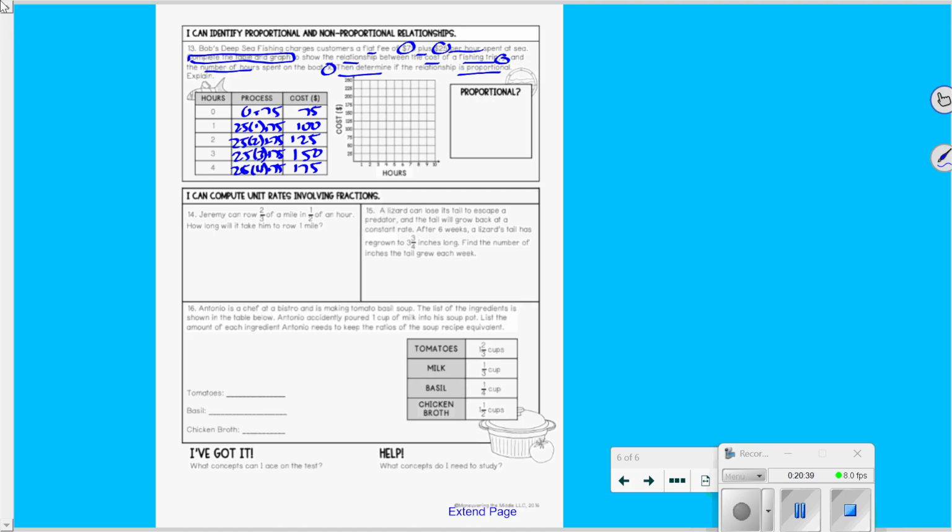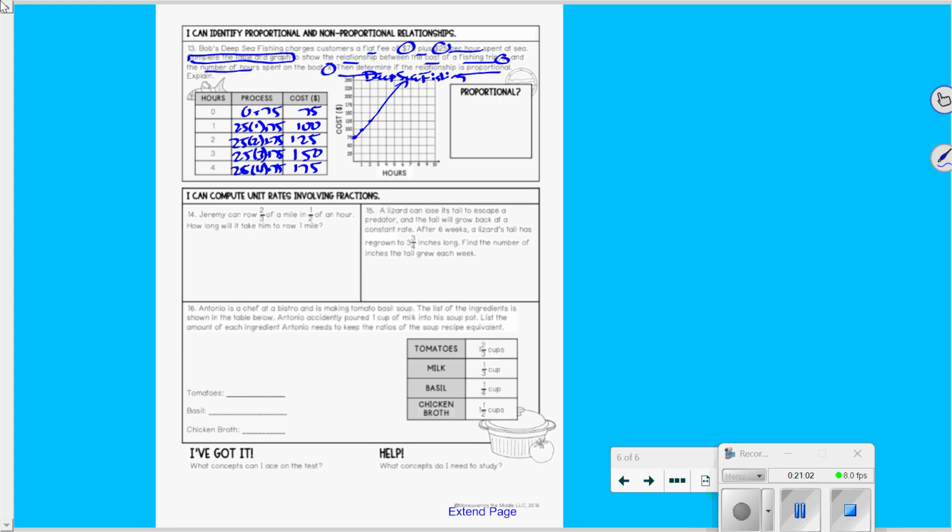So deep sea fishing, I'd add a title. And my first one is 0 is 75, 1 is 100, 2 is 125. I graph this. Is it proportional?